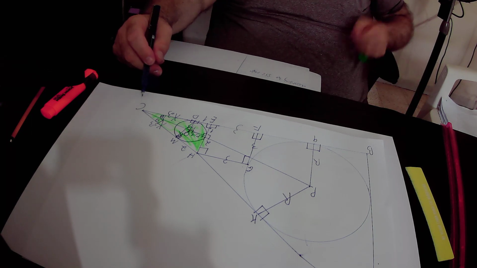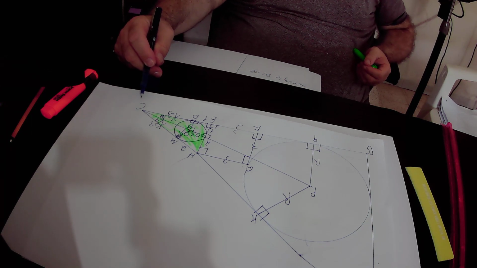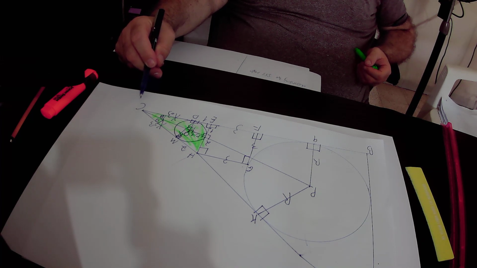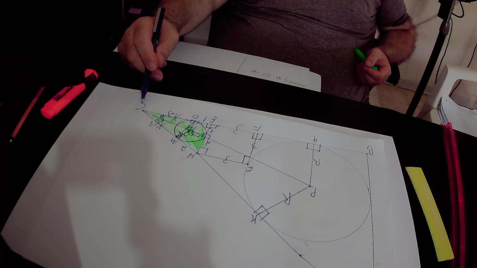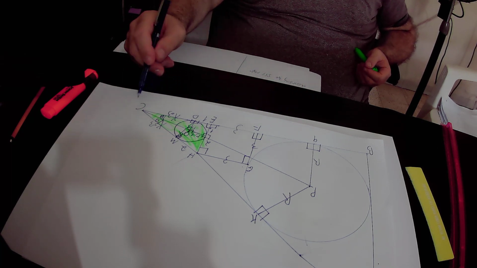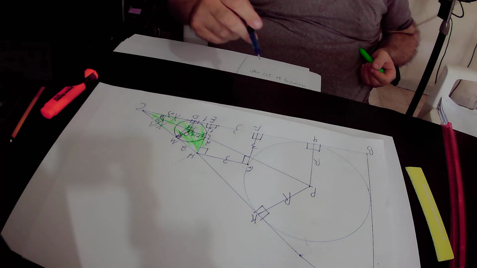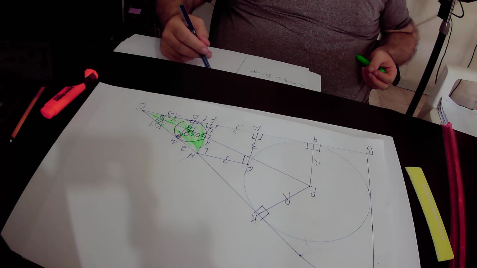In addition, according to rule number 2, if we focus on the common external point, point C, we have two tangents to the big circle from that point. We have tangent CQ and tangent CK, and they are equal to each other according to rule number 2.